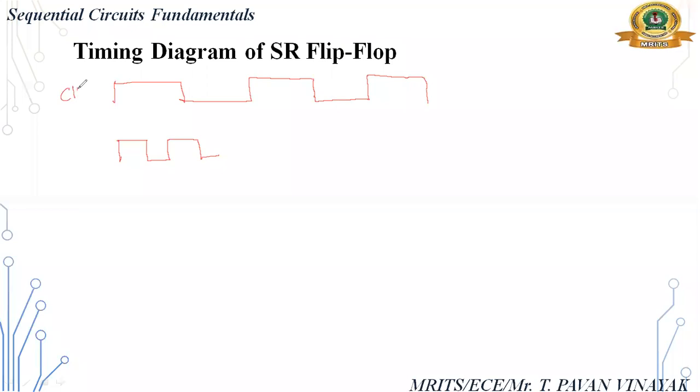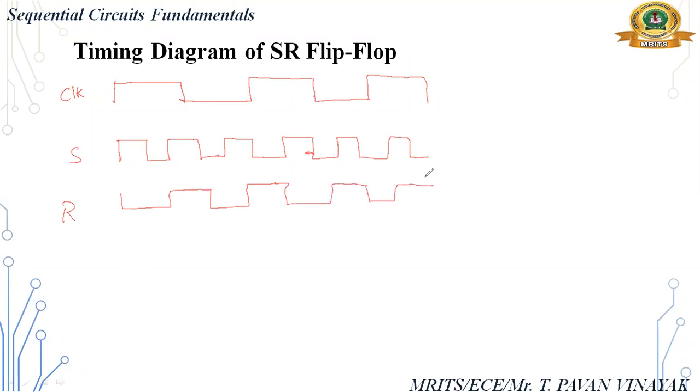This one is clock, this one is S. And I am giving R also. I am taking R like this. Whatever your wish, you can draw any way, no problem. Okay.